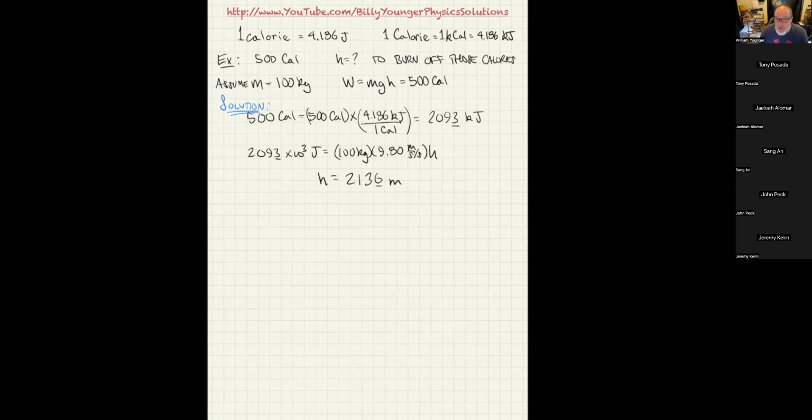Now, remember, we also have the efficiency of the human body is only about 20%. So really, we should be able to go only about 20% as far and still burn as many calories.